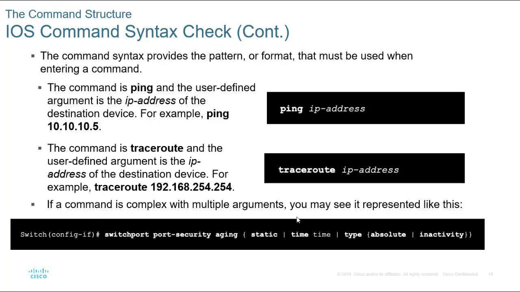And if a command is more complex than one of these and has multiple arguments, the literal command is switchport port-security aging, and then within that, your curly braces tell you that you are required to specify static, time, or type, and within type, you have to specify absolute or inactivity.